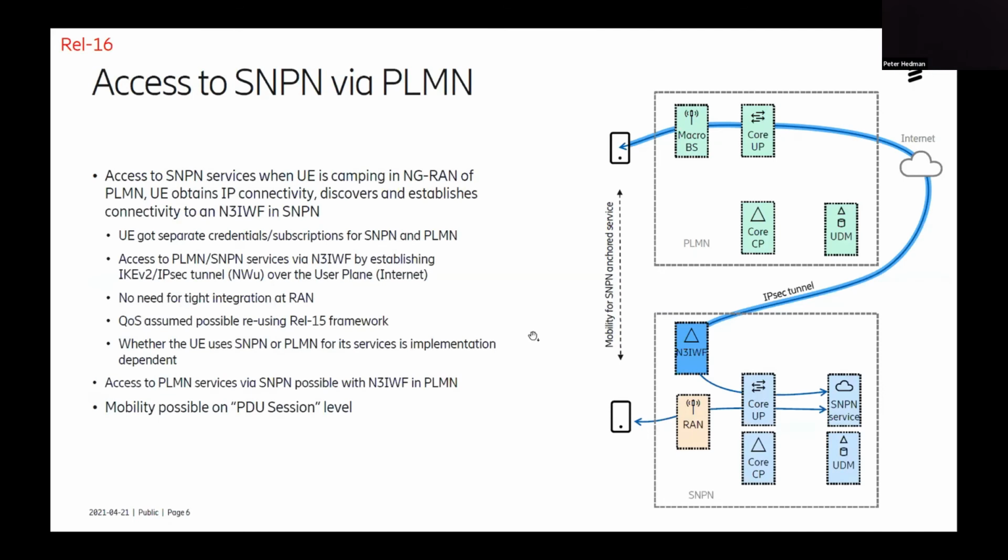So still staying in V16, it also enables the possibility, if you deploy your non-public network and the device itself also has a USIM, to move outside of your business arena and still access the services over an IP tunnel, an IPsec tunnel, into what we call a non-3GPP interworking function, and address your services on the premises remotely.